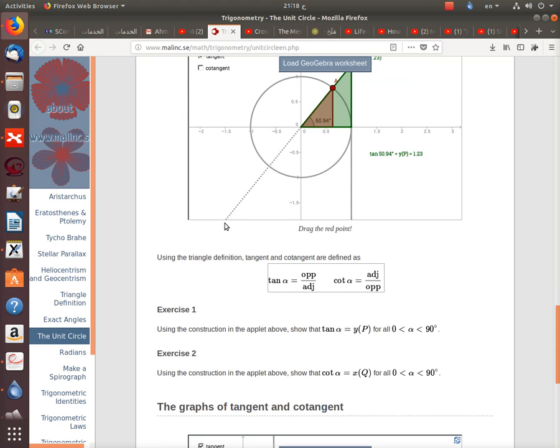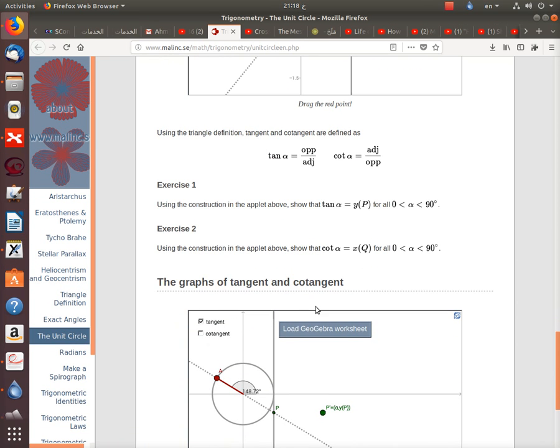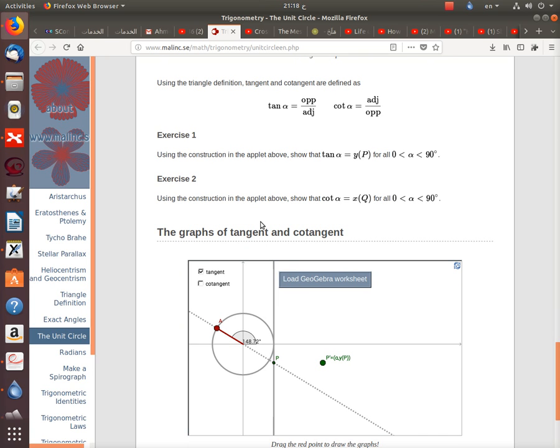Now cotan is the inverse of tan, so it's going to be cosine over sine, or adjacent over opposite. And here he gave you exercises, pretty easy exercises.